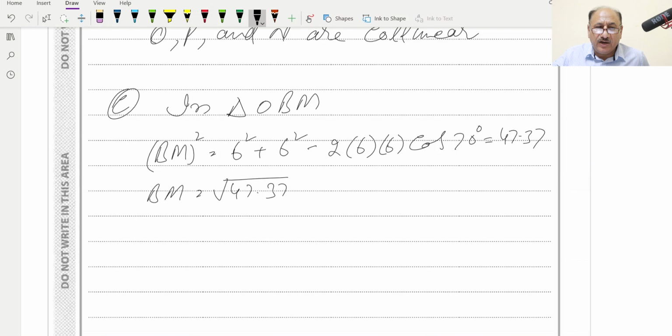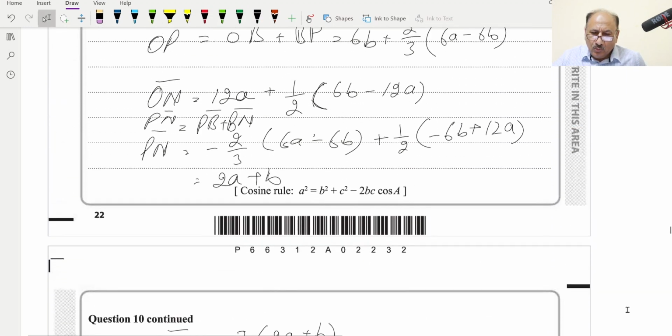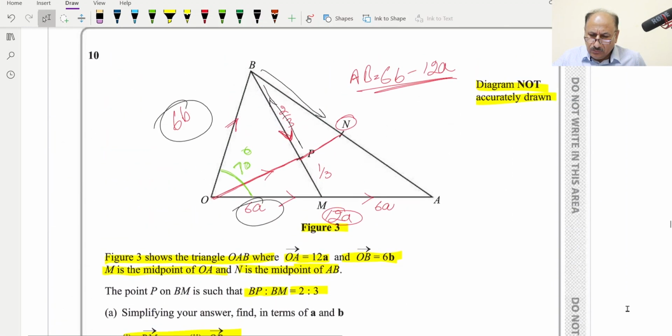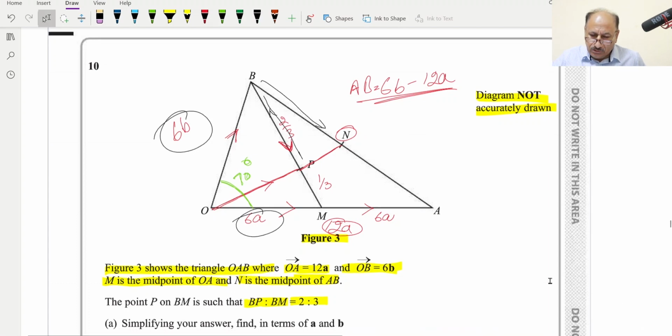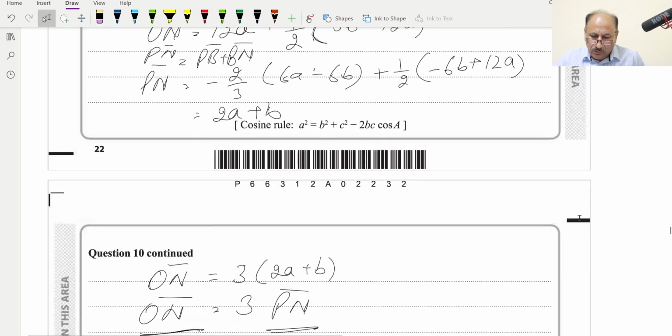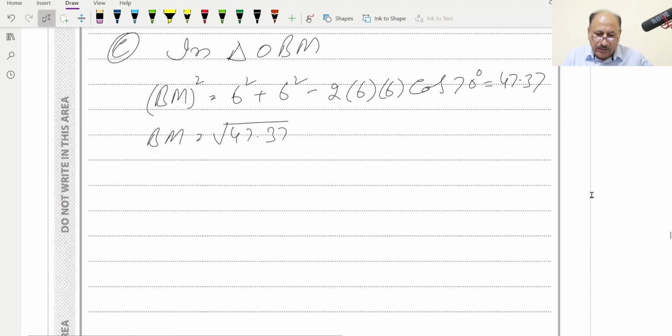Now we can find OP square. We can apply the cosine rule for this one. So OP square is equal to what?